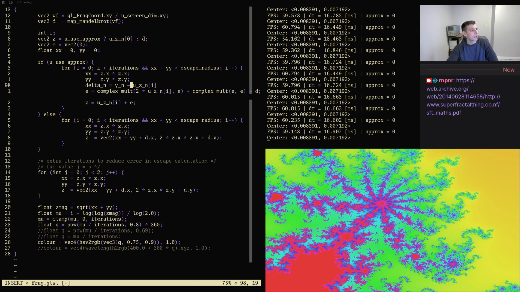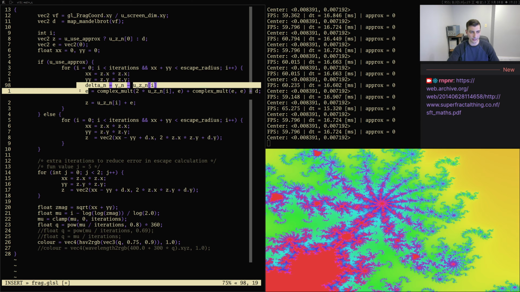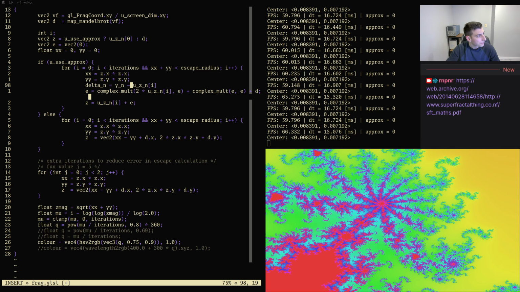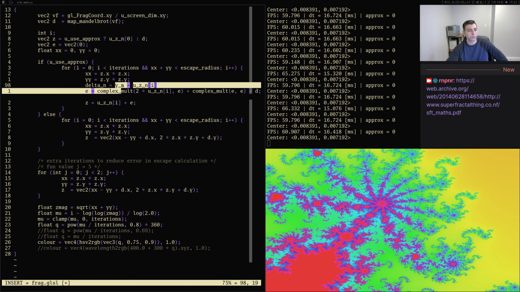So basically, this yn is what we actually care about on the screen. We don't care about this epsilon. This yn is like the other points that we're trying to approximate, and this yn obviously just obeys the same Mandelbrot equation.